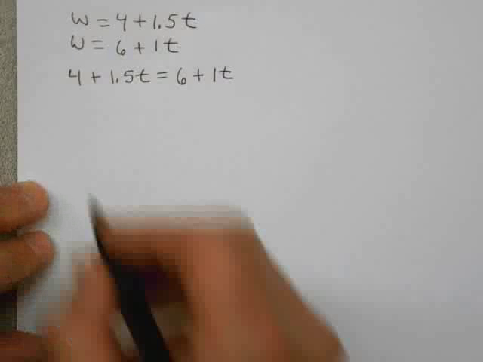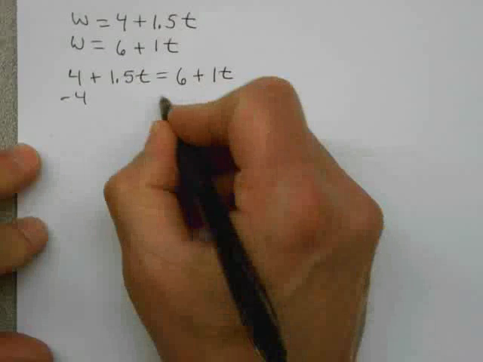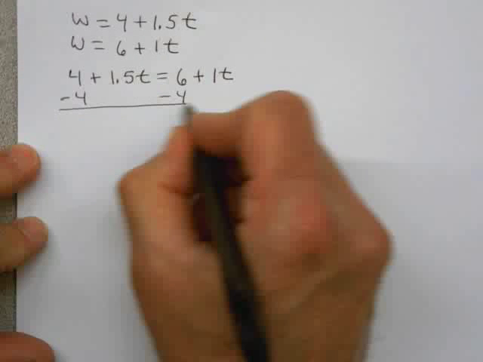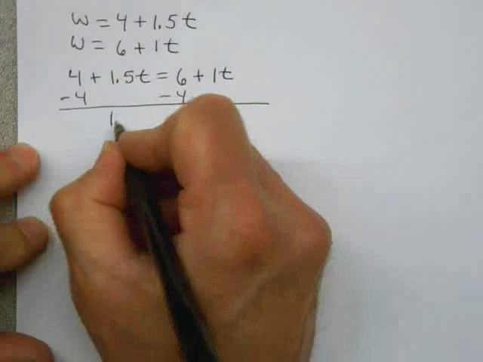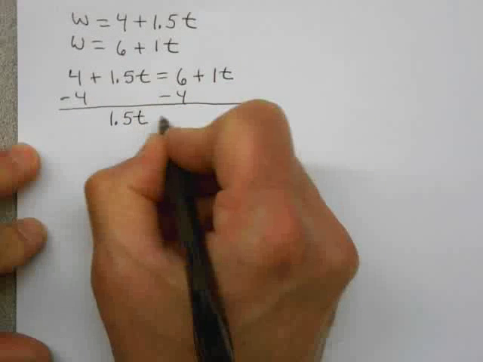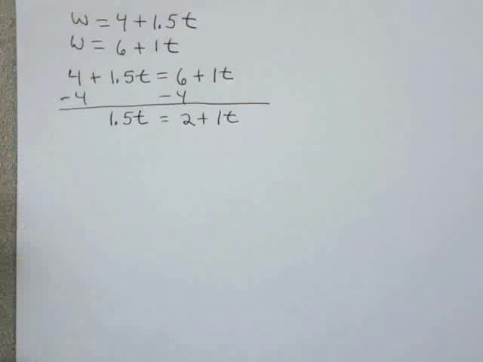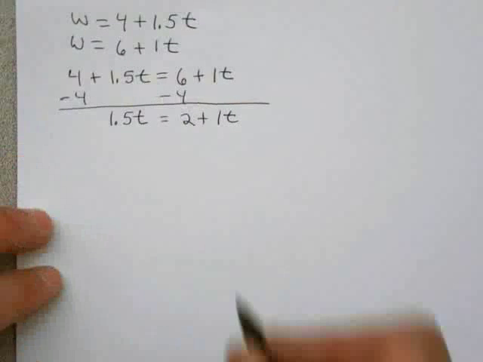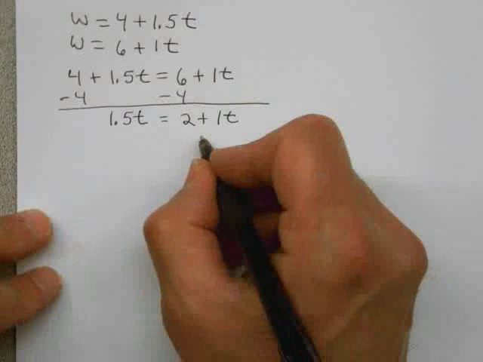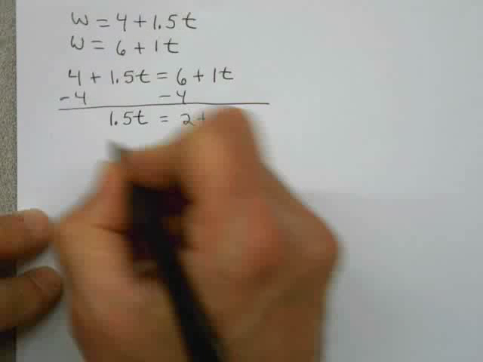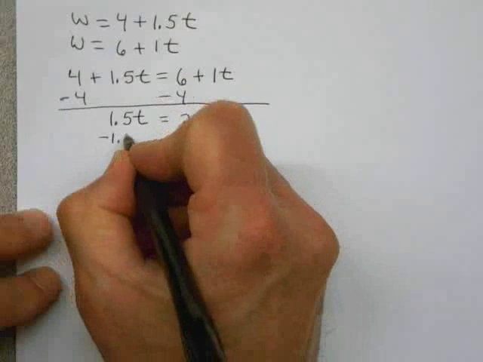All right, let's solve this. I'm going to solve this by subtracting 4 from both sides. That's my first step. That's going to leave me with 1.5T equals 2 plus 1T. And now I am going to subtract 1T from both sides. And I'm going to actually write it as 1.0T.